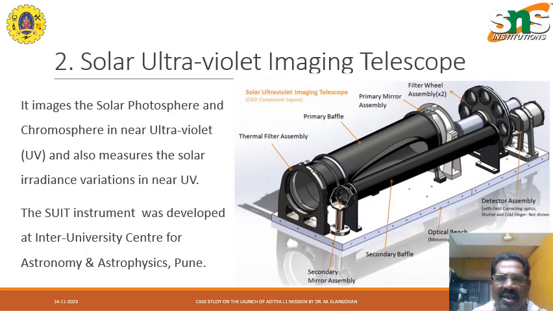The Solar Ultraviolet Imaging Telescope images the solar photosphere and the chromosphere in near ultraviolet, and also measures the solar irradiance variations in near ultraviolet. This instrument, called SUIT, was developed at the Inter-University Centre for Astronomy and Astrophysics, Pune.